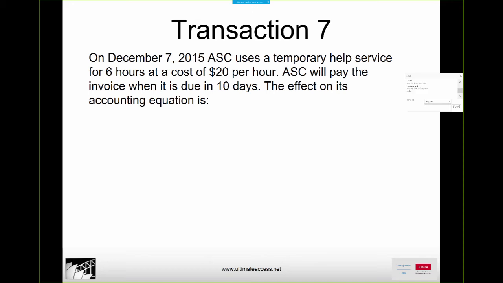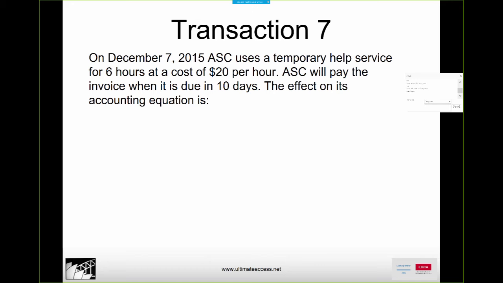No. If the cash is not paid, what will I do? I have to record it somewhere. Where will I record? What do you think? You guys need to think fast. Tell me. If it has not, creditors. Brilliant. Yes, Michael. Very good. Creditors. That's where you're gonna record it.